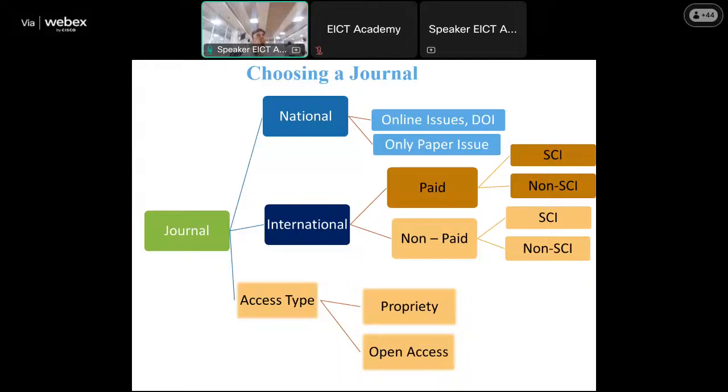So once you submit your article to a non-paid journal, then before publishing it, they will ask you, while you are signing the copyright, whether as an author you want to go for open access or a subscription. If you go for open access, then you need to pay some publishing charges. Now, for what?